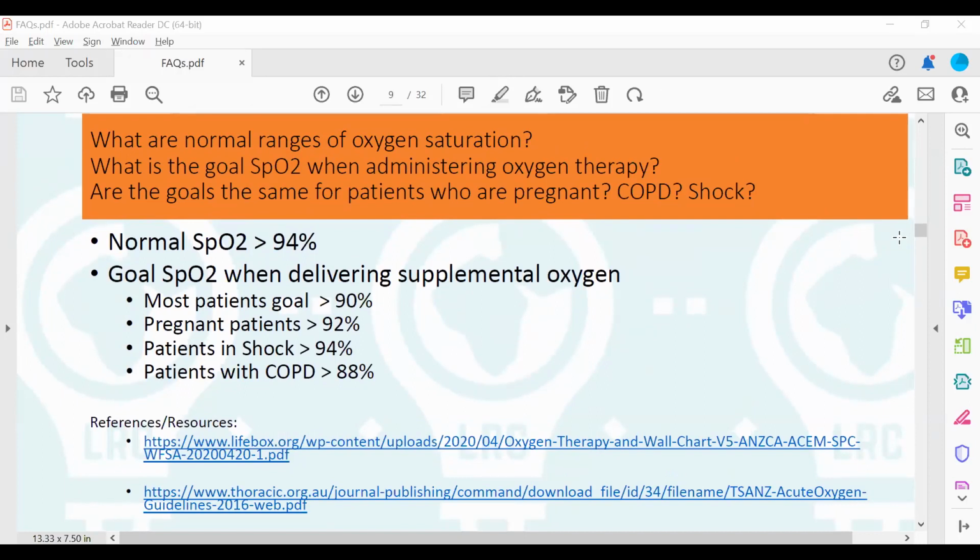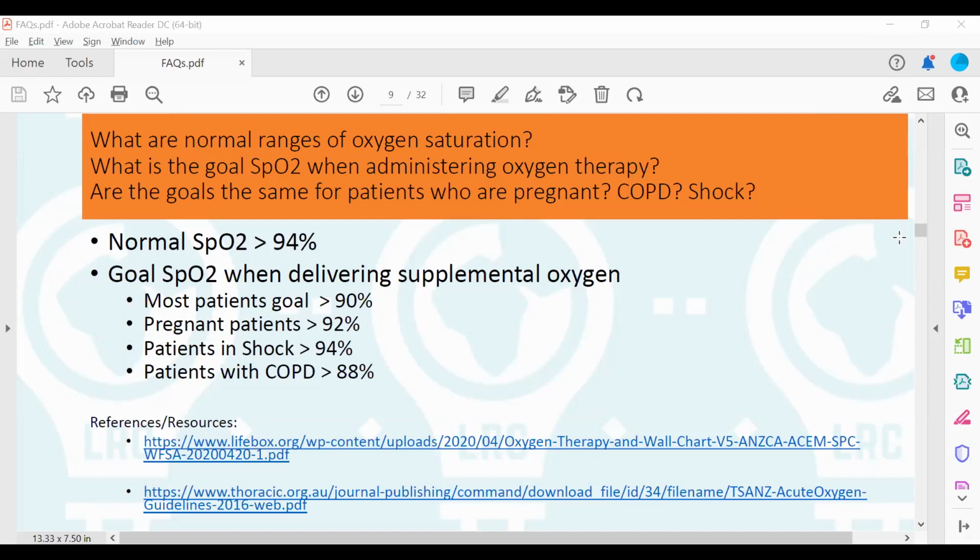As you can see here, we have some specific considerations. So the normal will be above 94, but there are some special considerations where we need to pay attention, and the goals are different. For example, if you look from the last, we start with patients with COPD or patients with chronic asthma, the same as COPD.